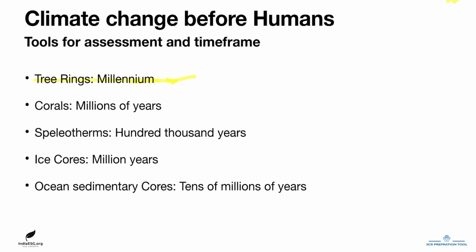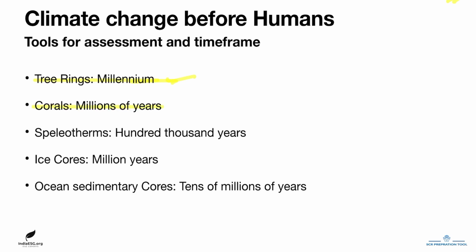So by seeing each ring, we can estimate the temperature and precipitation around that tree in that particular time of the year. So basically scientists measure the size of the rings and then assess the status of local climate around that tree.